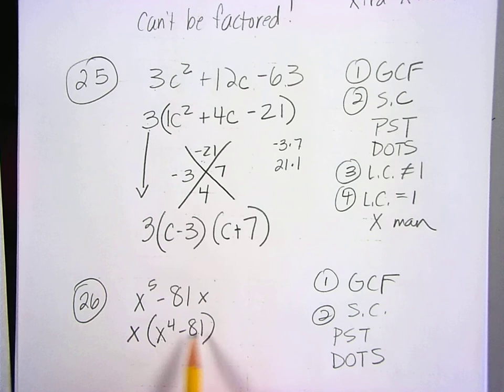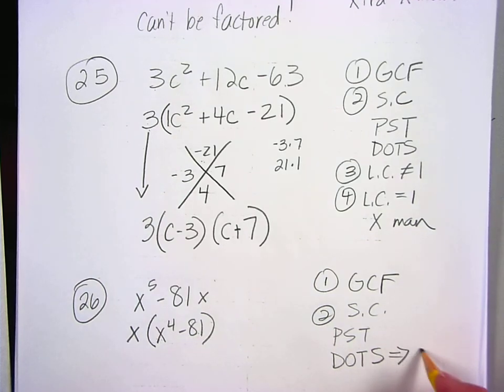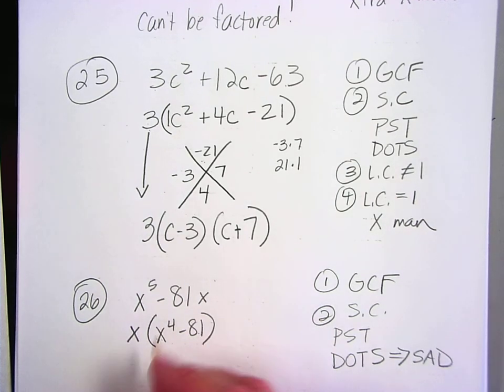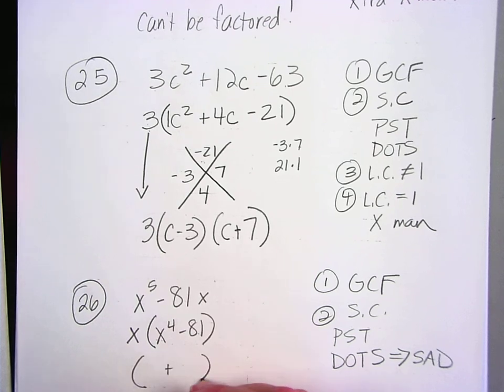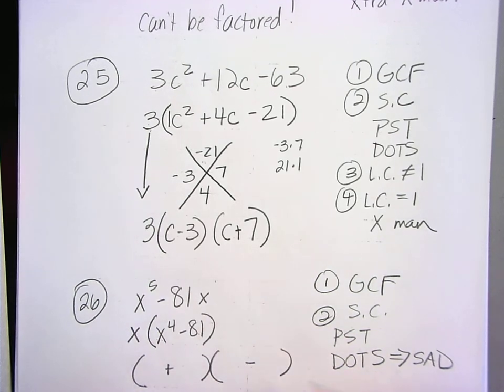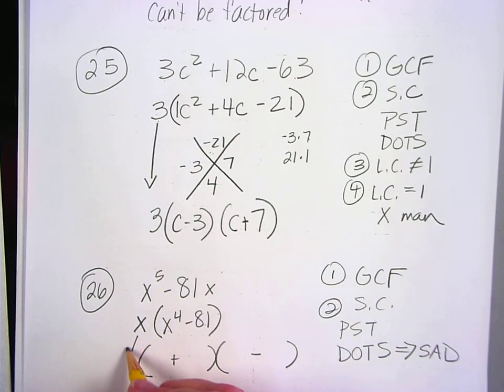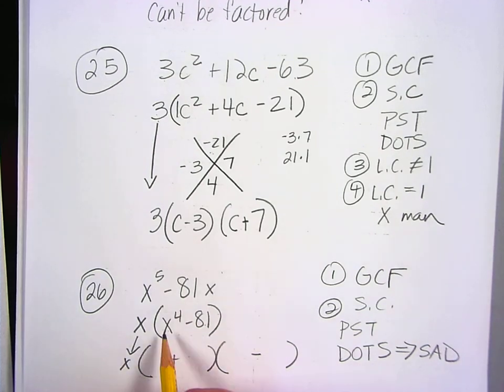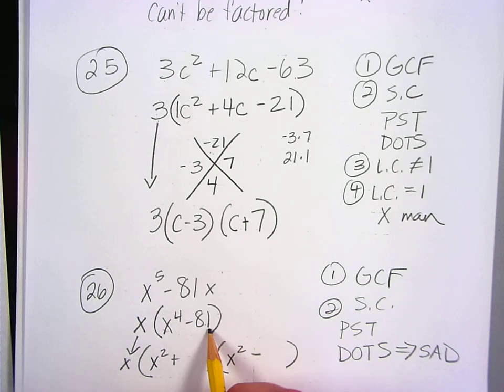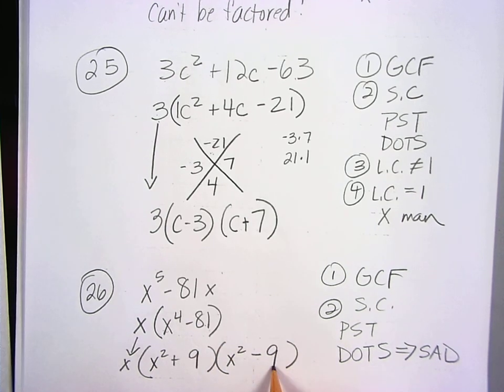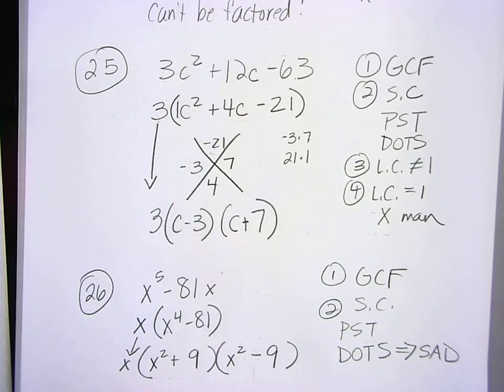These are both squares, so yes, it's dots. So we're going to do SAD. SAD is sum and difference. Don't forget your GCF. Square root of x to the 4th is x squared. Square root of 81 is 9. And we are done, and that is your homework for today, sports fans.